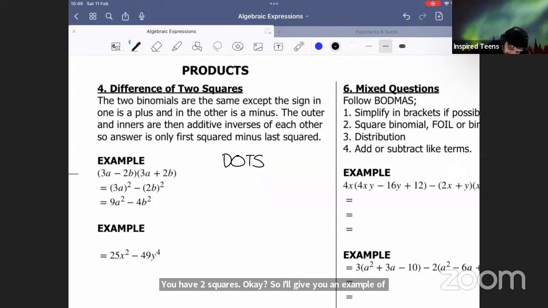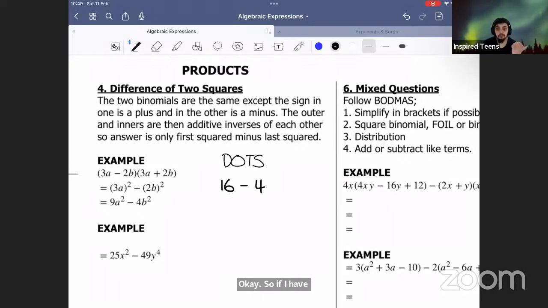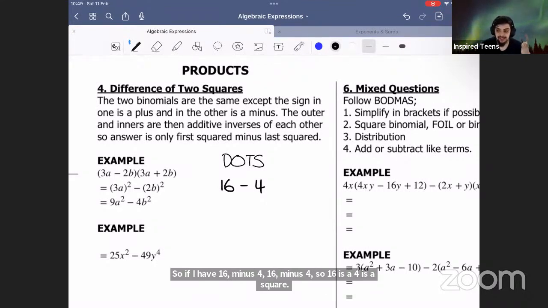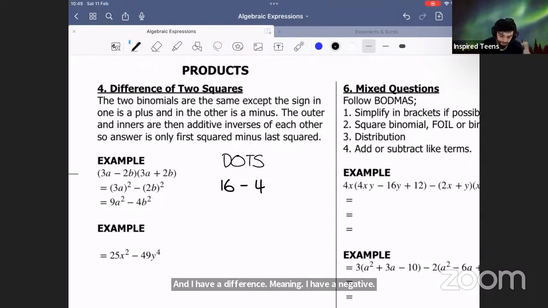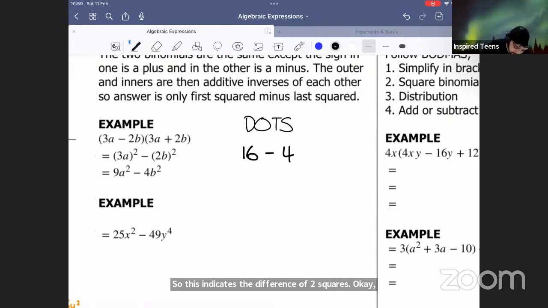If I have 16 minus 4, 16 is a square, 4 is a square, and I have a difference, meaning I have a negative. So this indicates the difference of 2 squares. That's just what it looks like. Let's look at this. Okay, this example goes backwards.